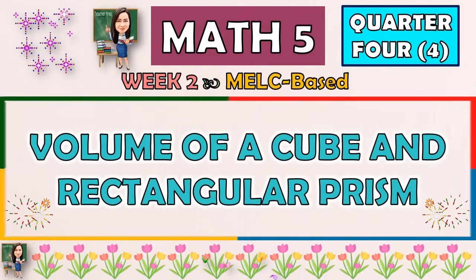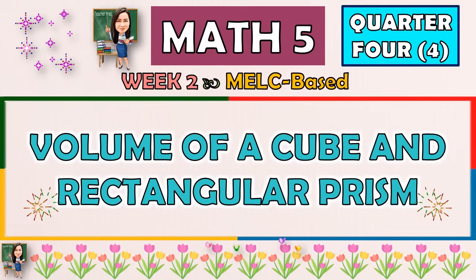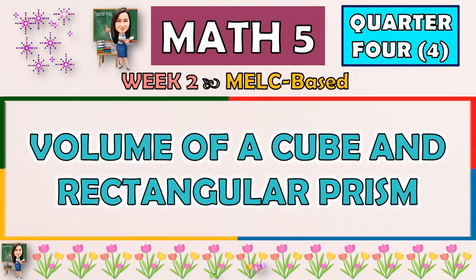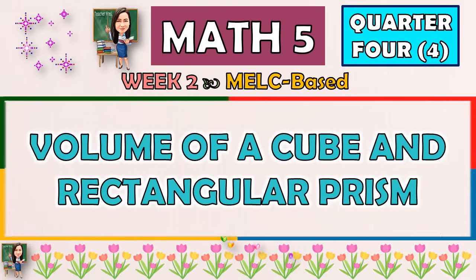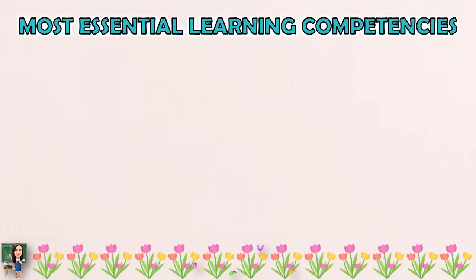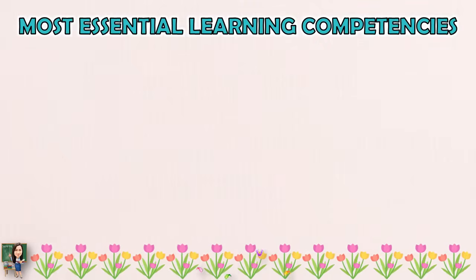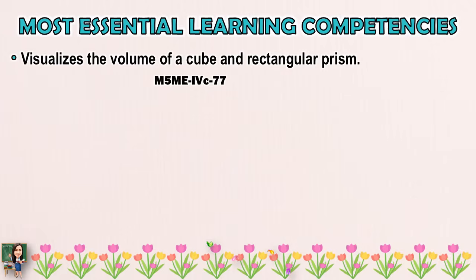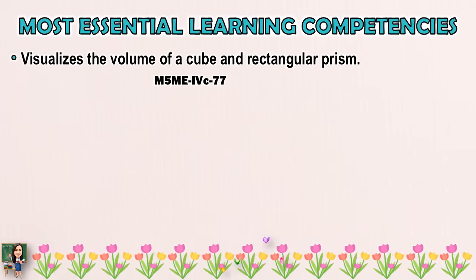Welcome back kids! For today's lesson in Math 5, we will discuss the volume of a cube and rectangular prism. For most essential learning competencies: visualizes the volume of a cube and rectangular prism.